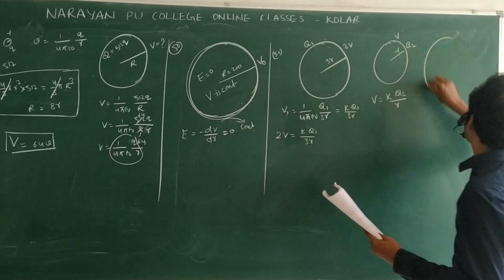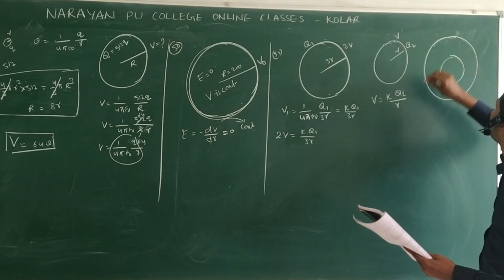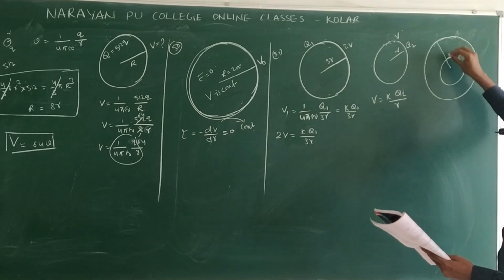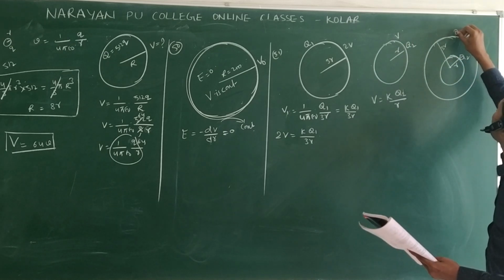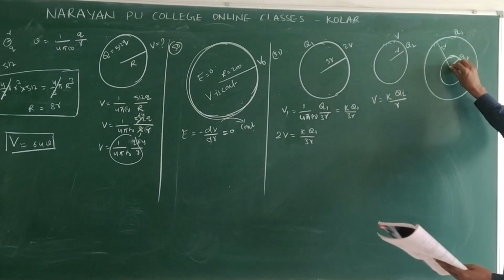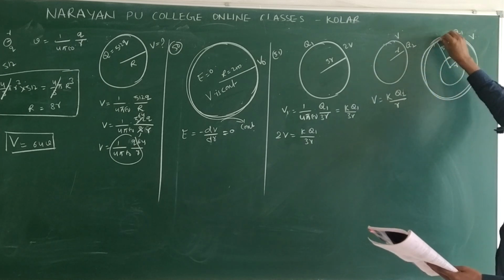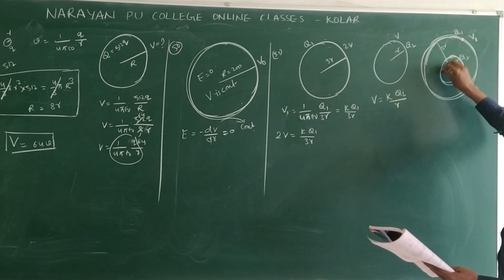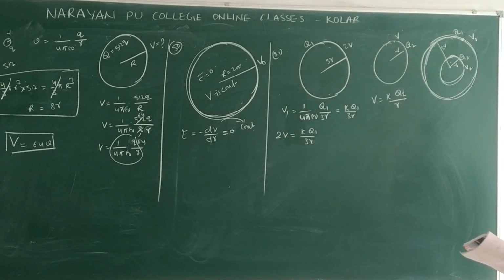Now, what did they do? They placed this small sphere in a bigger sphere. So this radius is 3r, this radius is r, this is q2 and this is q1. They are asking the difference between potentials. Let us say on the surface of the bigger sphere, at this point, the potential is V1, and on the surface or inside the small sphere, the potential is V2.